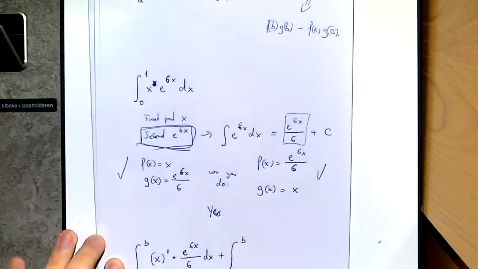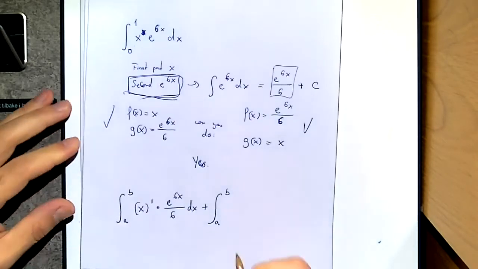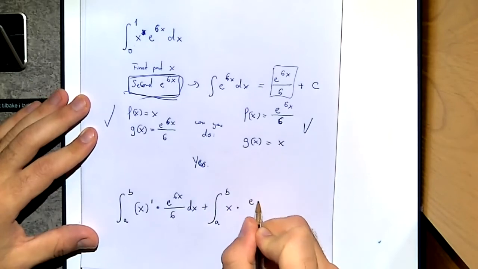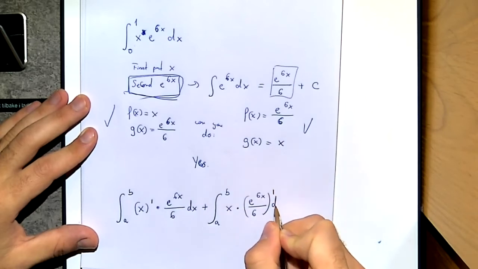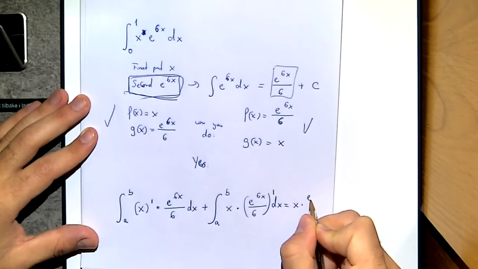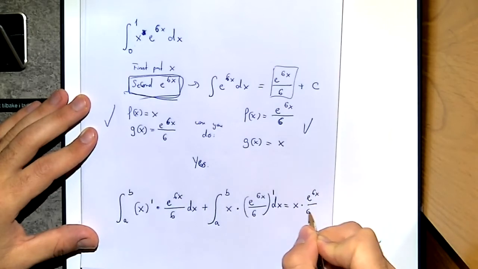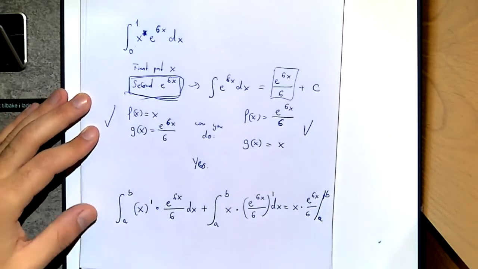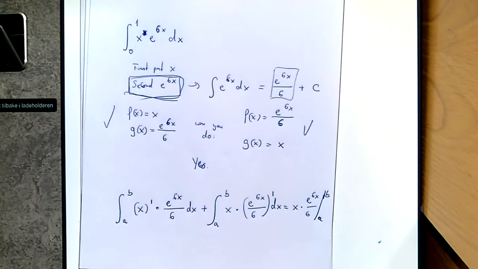Again, you've got to carry the a to b after it. f of x untouched multiplied by the derivative of e to the 6x over 6, dx, has to be equal to x multiplied by e to the 6x over 6 between a and b. In my case, I forgot to say that a and b are 0 and 1, but okay.